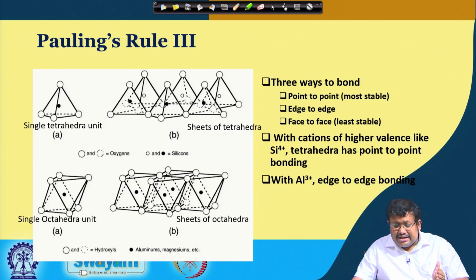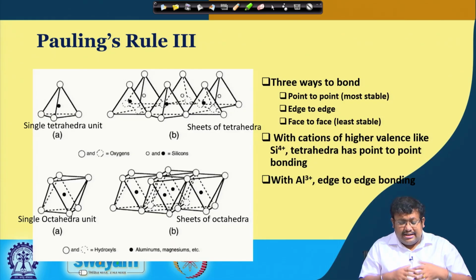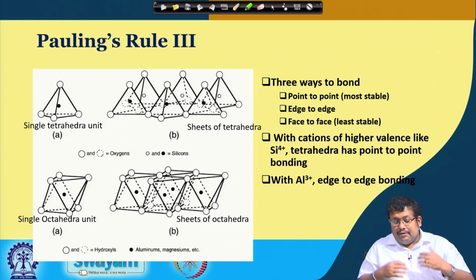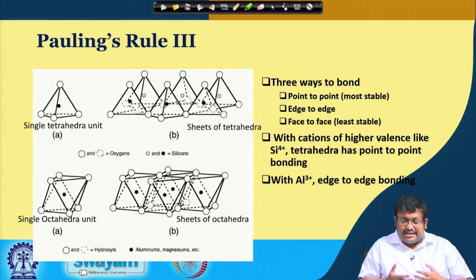These octahedra share their edges to form sheets of octahedra, which we will see very soon. So, with cations of higher valence like silica, tetrahedra have point to point bonding, and with aluminum there is edge to edge bonding. Obviously, edge to edge bonding will be less stable than point to point bonding.